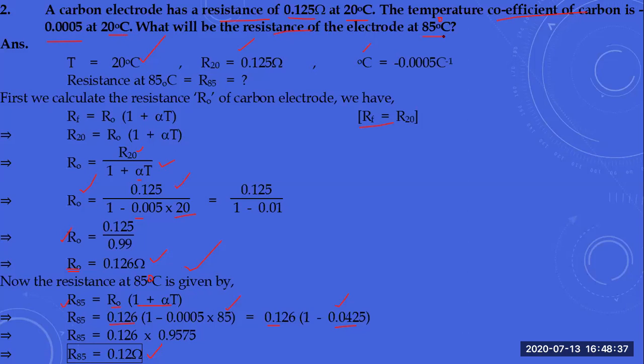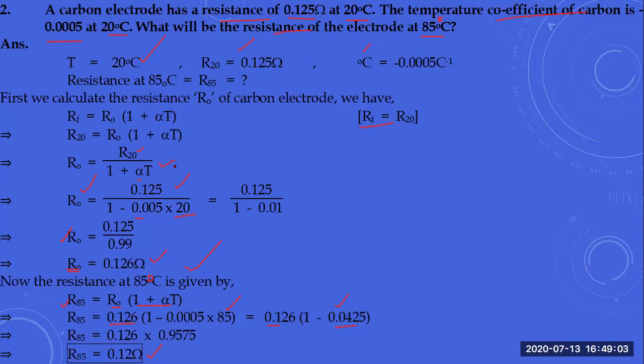First of all, you have to find the formula. But to calculate resistance at 85, you do not have the resistance at low temperature, R naught. So first you used this formula with 20 degrees Celsius to calculate it.